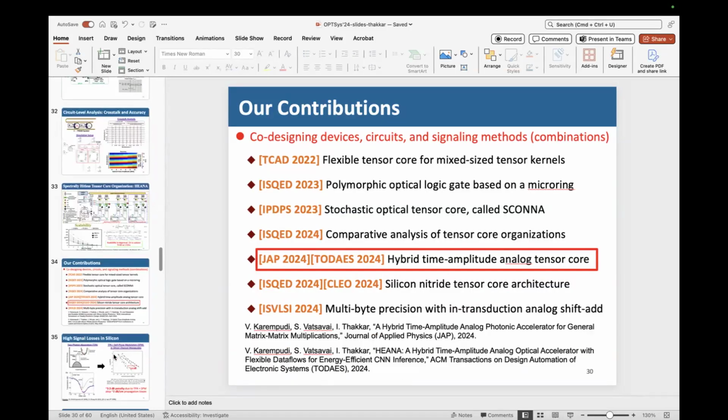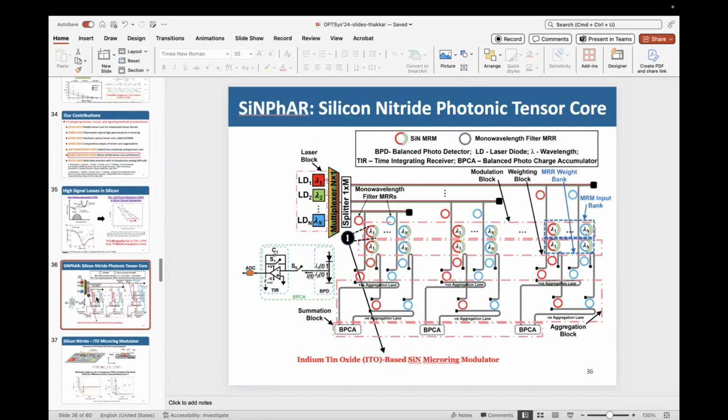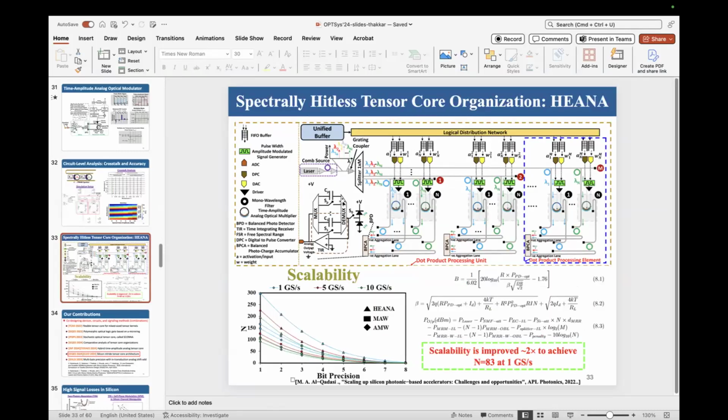archive paper, it turns out we can actually have the input stationary and output stationary as well. How do we achieve that? If you look at this figure, it's a fast 1 gigasample per second, both input and weight are covered there. So there is no need to wait longer to encode the weight, so it's not limited by the speed of the weighting element here.